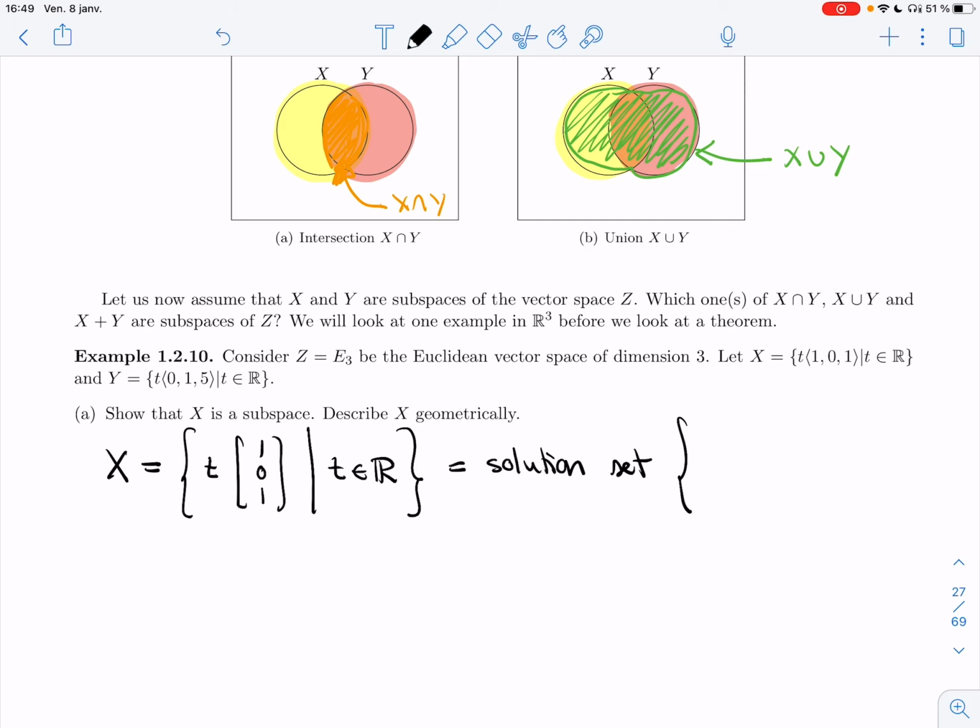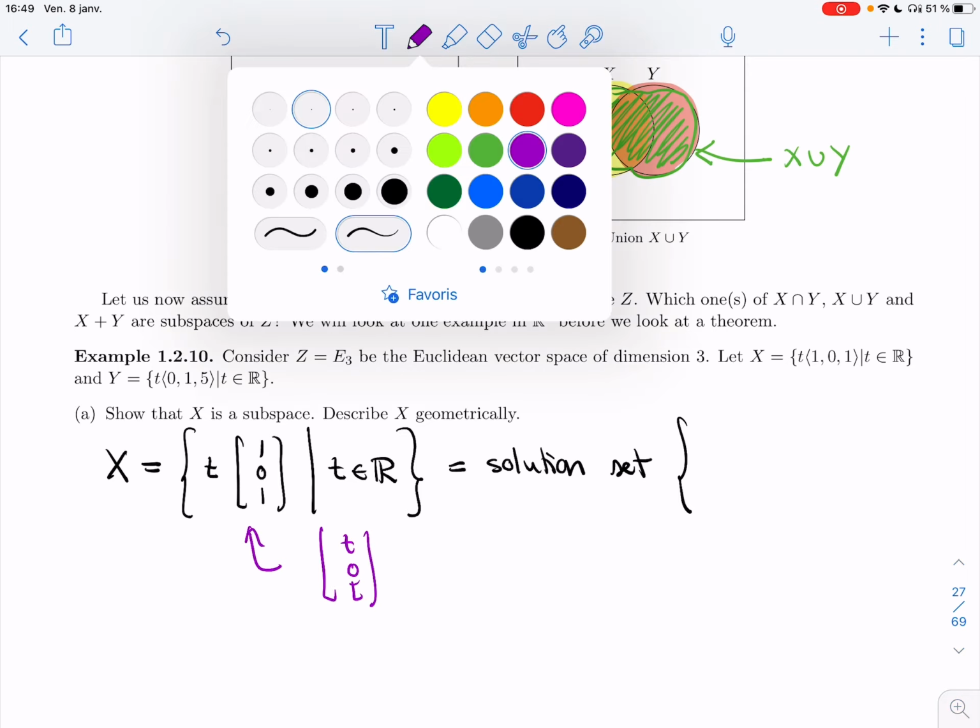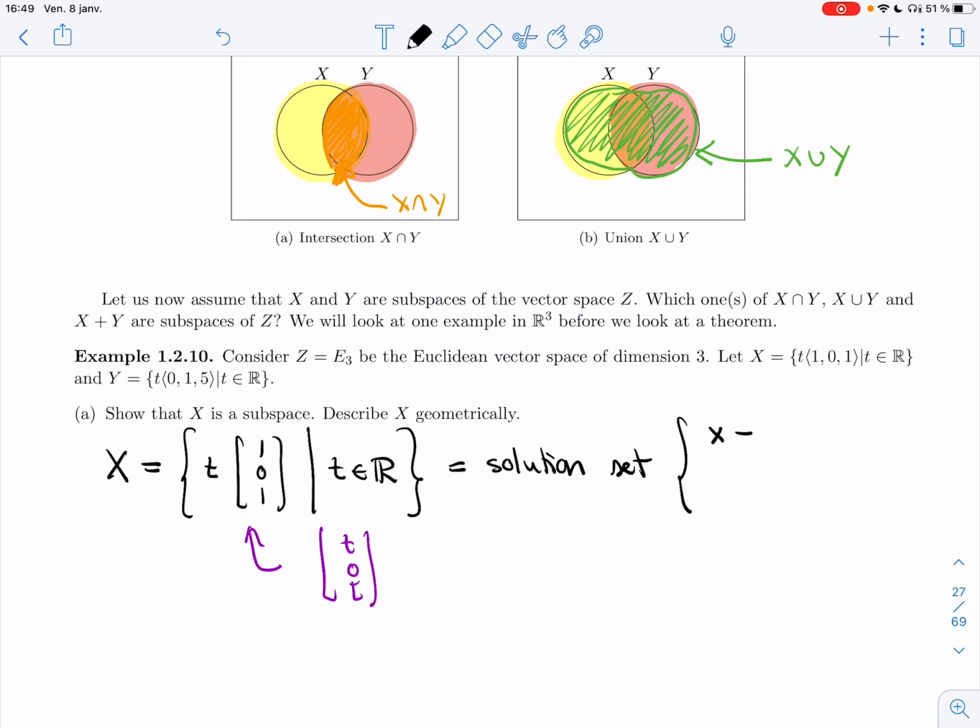Here, x, I'm going to get (t, 0, t). So I can get anything for x, but I'm going to have to find the same thing for z. And then y must be 0. All right, so that linear system will give me the solution set X. And so it's the solution set of x minus z equals 0 and y equals 0.